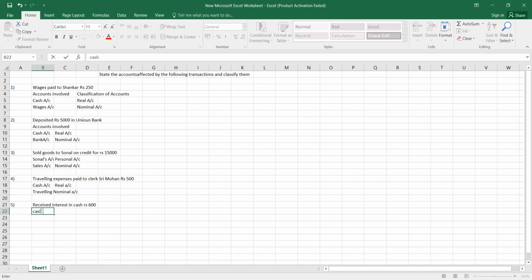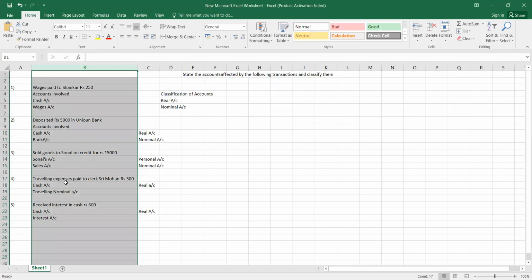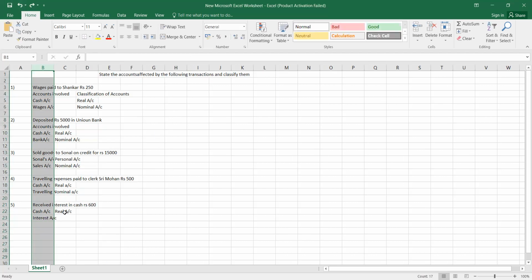So cash account is one account that is involved, and the other account will be your interest account. Okay, so cash account will be a real account, and interest account, what is interest account? Interest is what you have received in this case, so it is a gain. So expenses and gains, profits and losses, these are income and expenses, these are all nominal accounts. Okay. So interest account will be a nominal account.